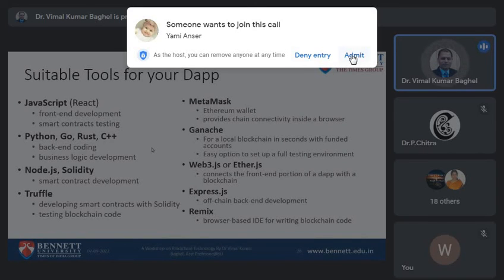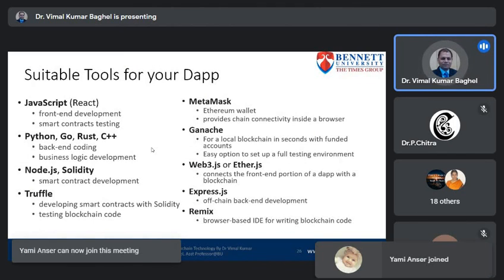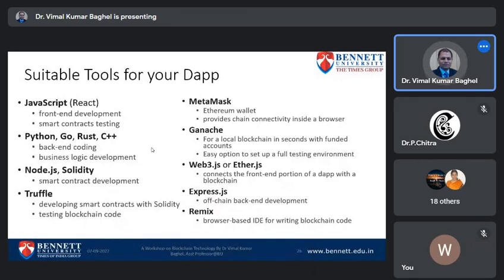Web3.js is one of the technologies that is used to connect your smart contracts with the front end and also with the databases. Okay, and then we have Express.js and Remix. So all these are the suitable tools for our decentralized application that we use for the development of the decentralized application.